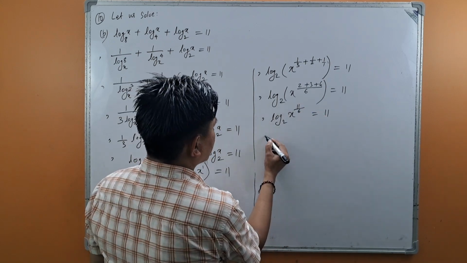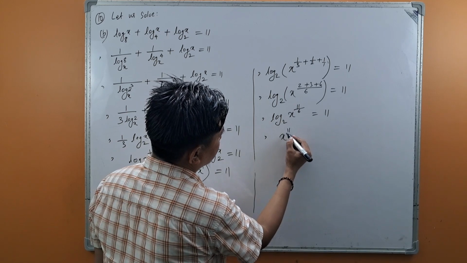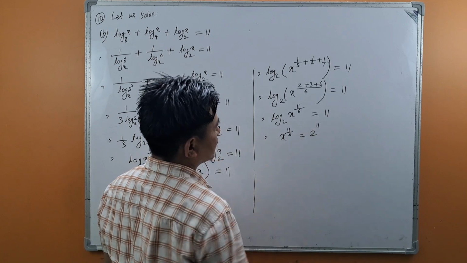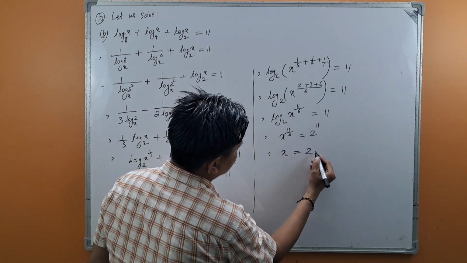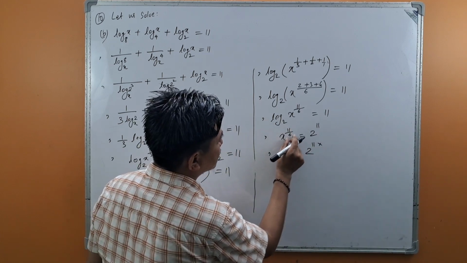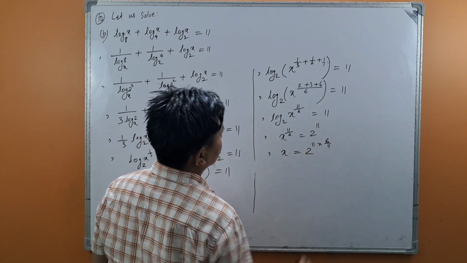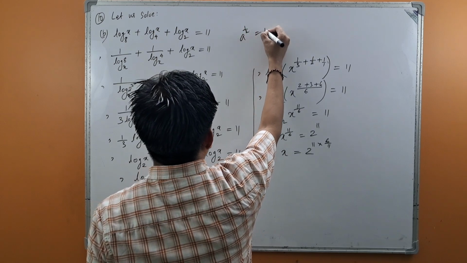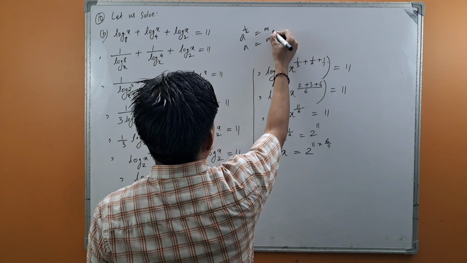Now this we can write as x to the power 11 upon 6 equal to 2 to the power 11, isn't it? Or x equal to 2 to the power 11, into this 11 upon 6. If we take this power to the right hand side, this becomes 6 upon 11. Suppose if you have a to the power 1 by 2 equal to m, then we can write a equal to m to the power 2 upon 1.